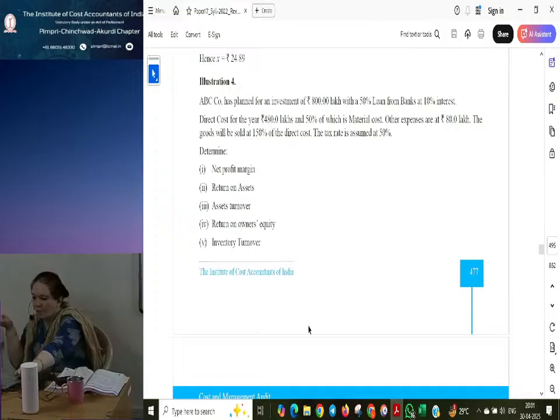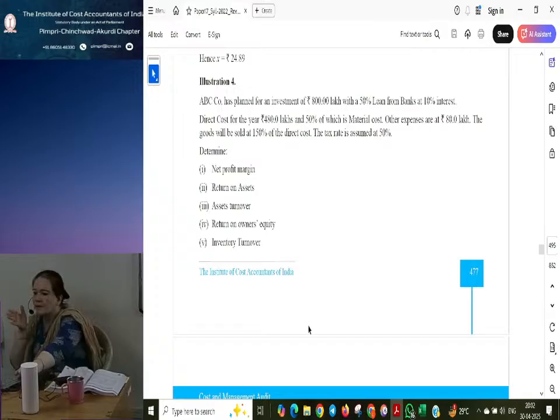Determine the net profit margin, return on assets, assets turnover ratio, return on owner's equity, and inventory turnover ratio. For inventory turnover we need cost of goods sold and not sales, divided by the average stock. How are we going to do this when we have a lot of things in bits and pieces?